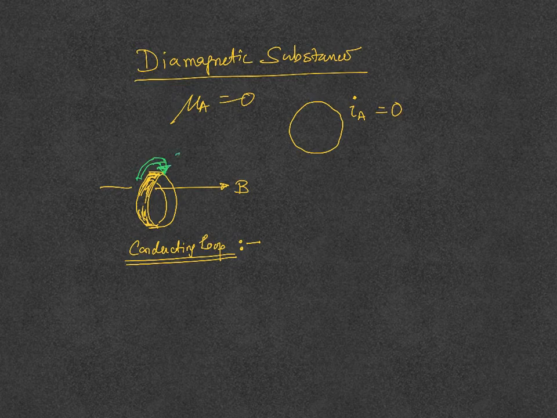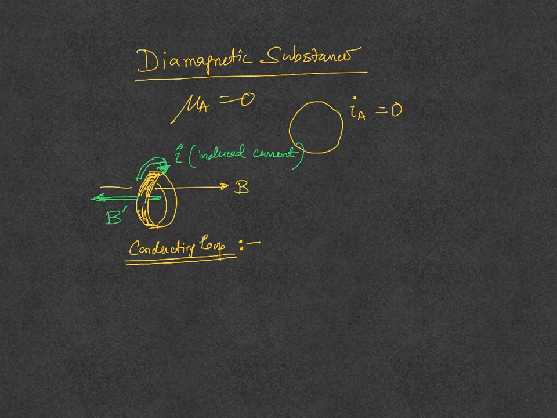I mean opposite in the sense that it produces a magnetic field in this direction. So it tries to negate the change in magnetic flux. B dash is the magnetic field created due to the current. This I is the induced current. You will learn induced current in more detail in our next chapter, EMI.